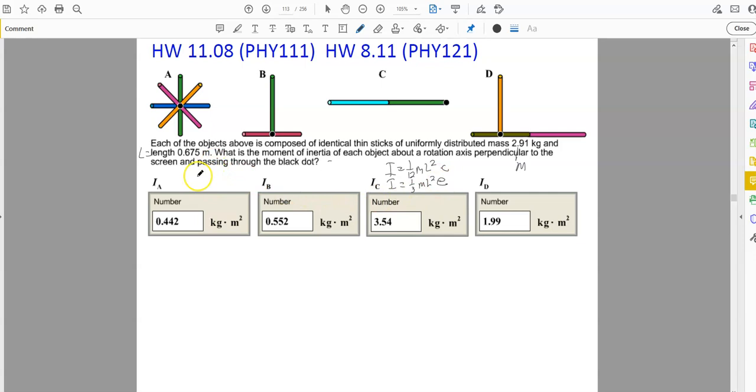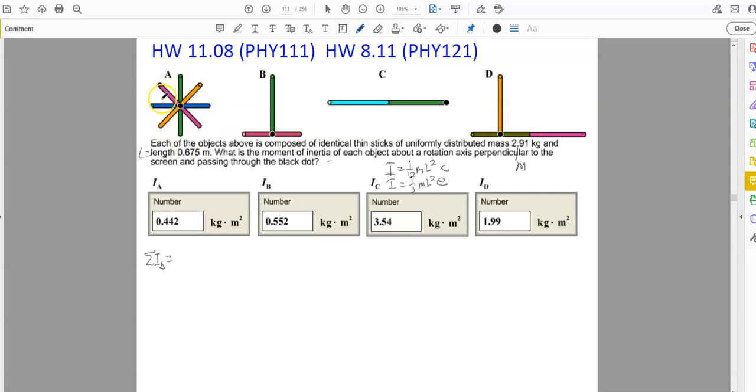So let's do this first one, A. It looks like we have 4 rods. So the total moment of inertia at A is going to be this red rod plus this orange rod plus the blue rod plus the green rod.